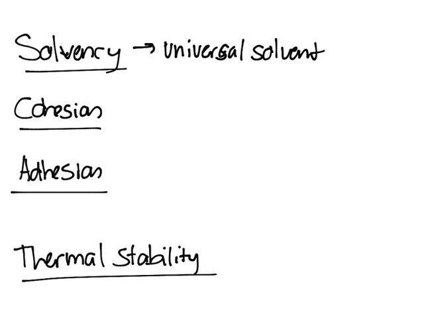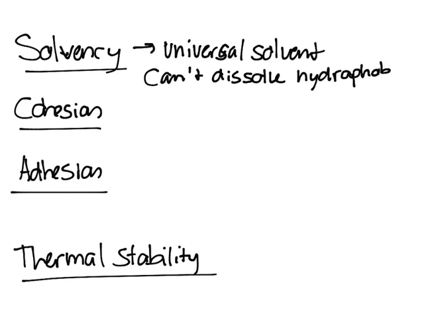Thus, the universal solvent isn't too accurate because water can't dissolve hydrophobic substances. So for example, if you put oil in water, like if you ever have a salad dressing, you'll see that there are different layers and they're not completely dissolved. The other one is hydrophilic, and those will dissolve in water.